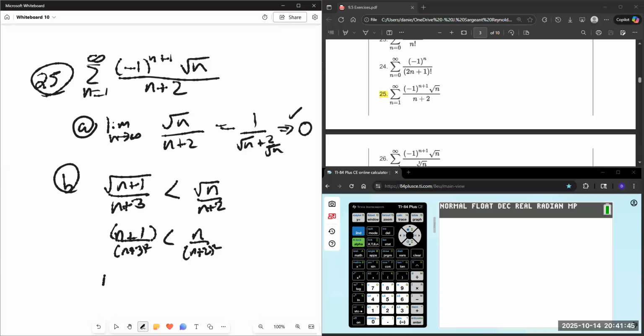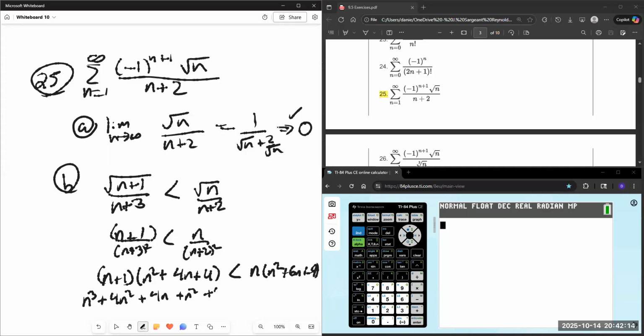So n plus 1 times n squared plus 2n plus another 2n's will be 4n plus 4, less than n times n squared plus 6n plus 9. So this is going to be n cubed plus 4n squared plus 4n plus n squared plus 4n plus 4 less than n cubed plus 6n squared plus 9n.